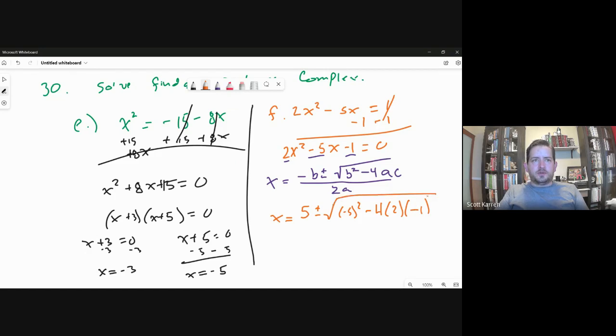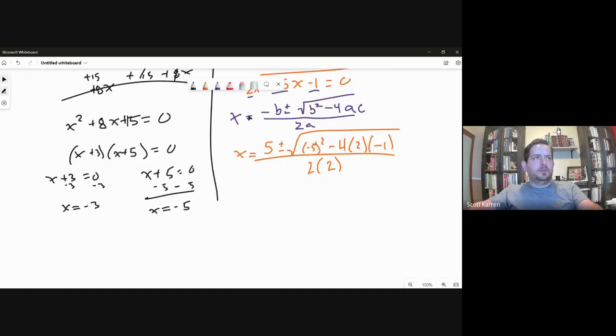That's all under your square root, and then we're over 2 times a, so 2 times 2. And we'll simplify. So this is 5 plus or minus the square root. -5 squared is 25. -4 times 2 is -8, but then times that -1 gives me +8.